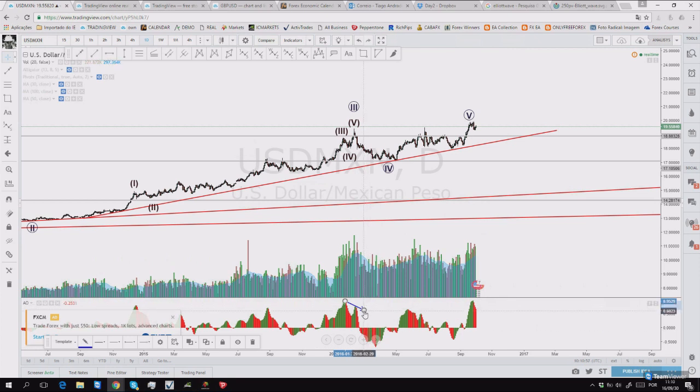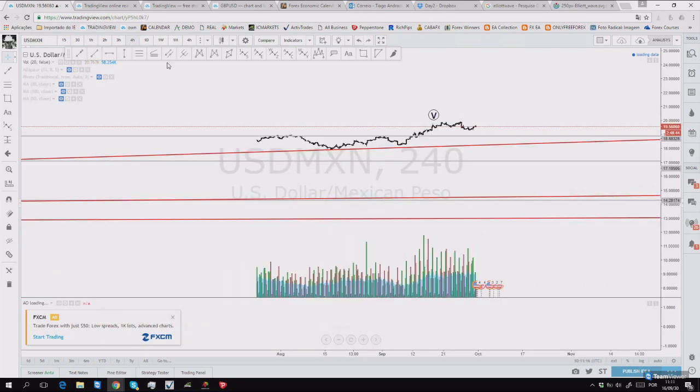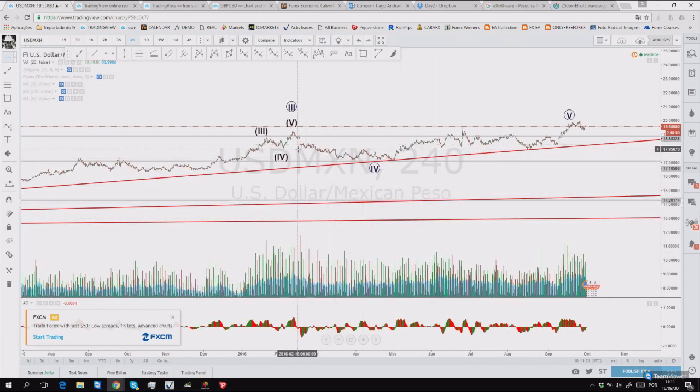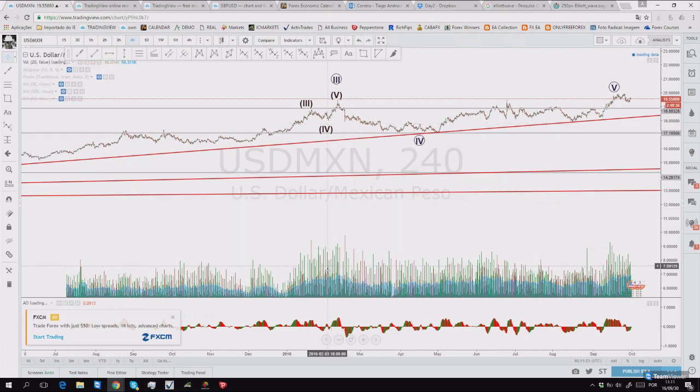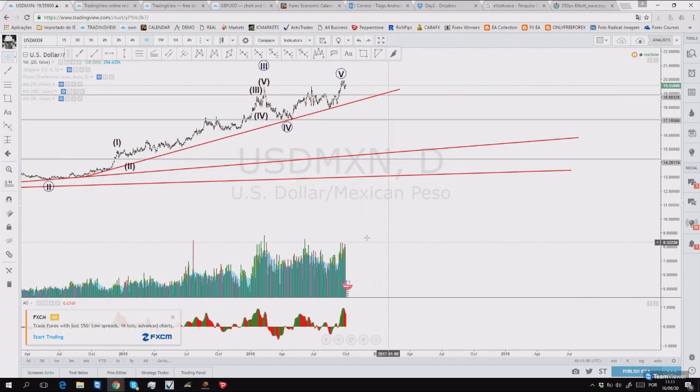For wave 4, you have to see a cross of the 0. So this is a wave 4, and then it starts again. To count the wave 4, I usually go into a smaller time frame. And let's see if I can do it here on this time.